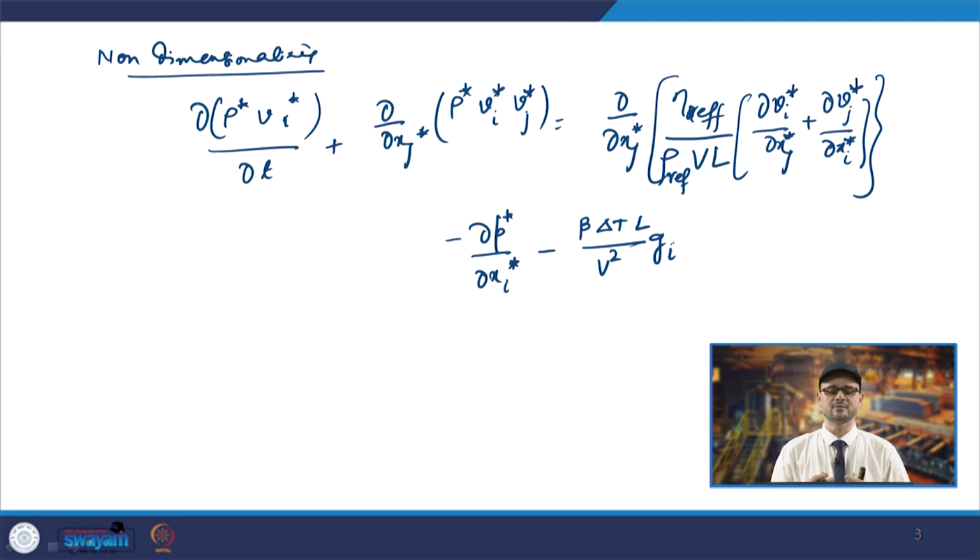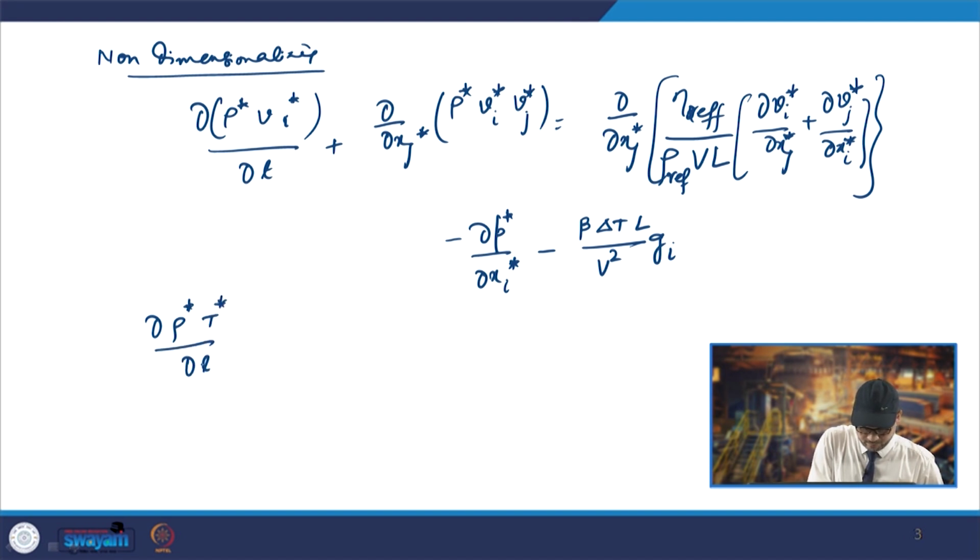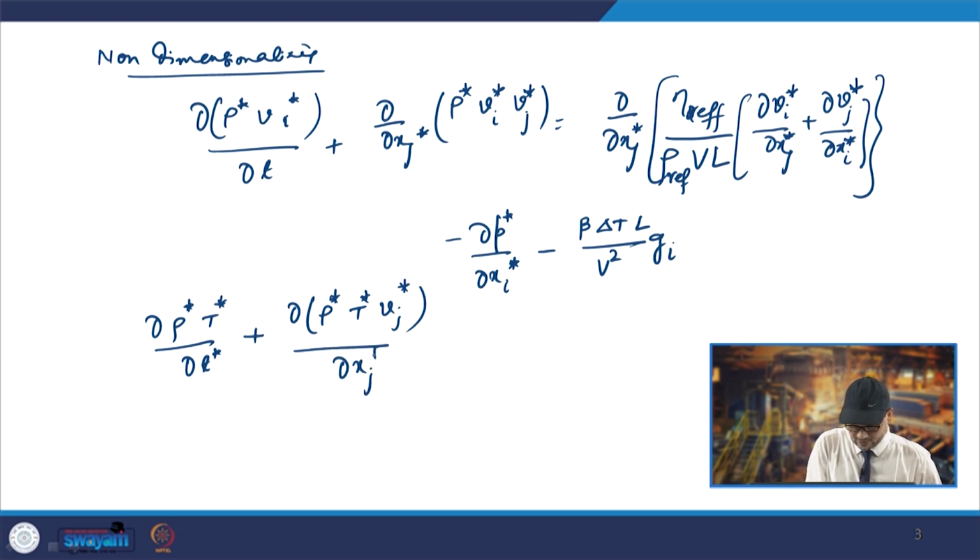If you write the non-dimensional form of the thermal energy conservation equation, that can further be written as dou of rho star T star upon dou t star, plus dou of rho star T star Vj star, divided by dou of xj star.